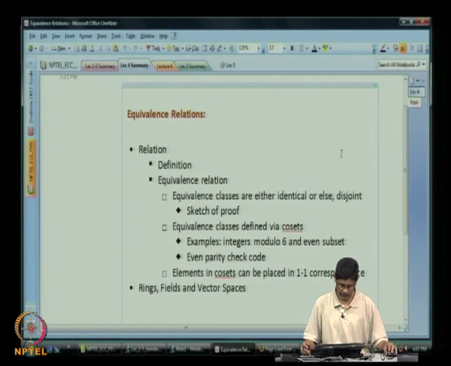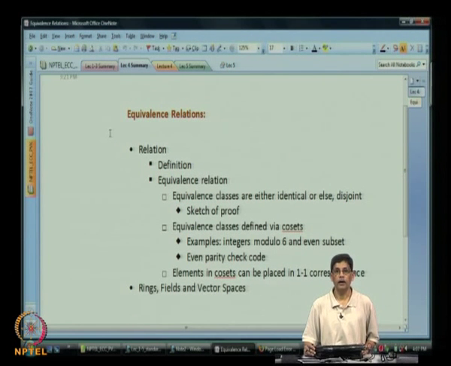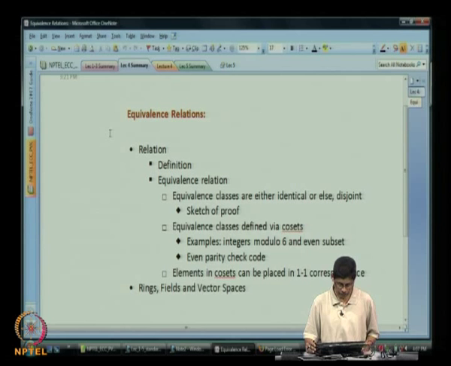Then the next topic that we went on to talk about was equivalence relations, and on the topic of equivalence relations, we looked at how one defines an equivalence relation, and then we proved some properties.